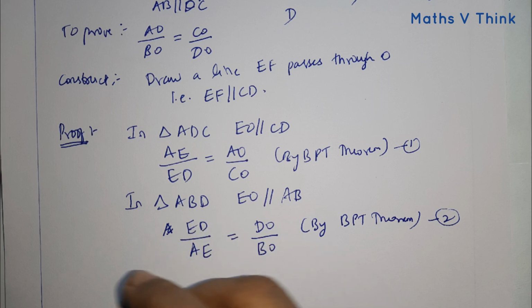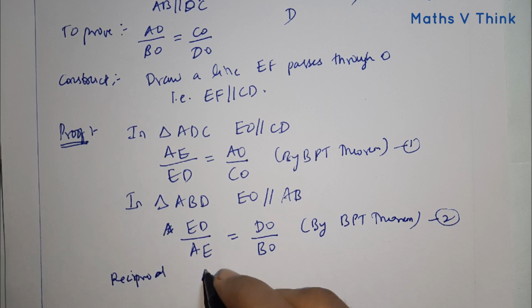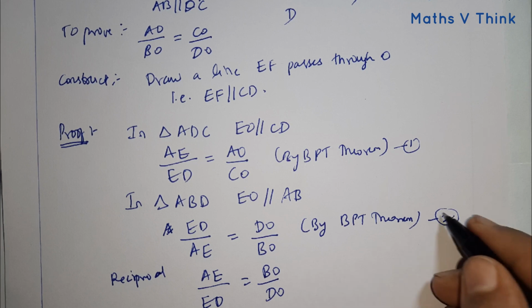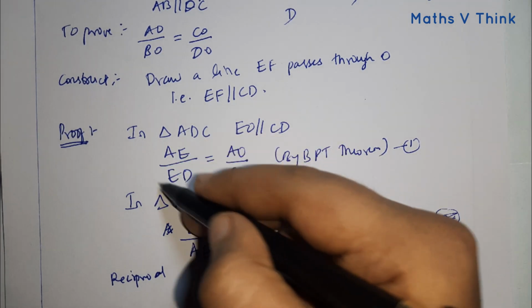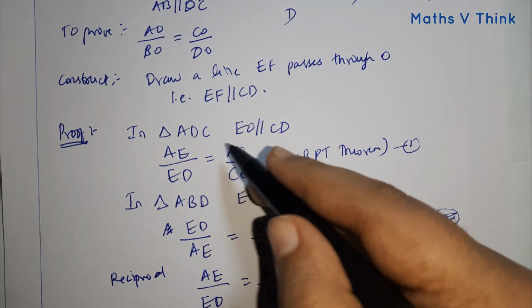So I need to reciprocal it. If I reciprocal this, I get AE by ED is equal to, even this I need to reciprocal, so BO by DO. So let this one be 2. Now you compare this. So this left part is equal to this. So I can tell this will be equal to this.